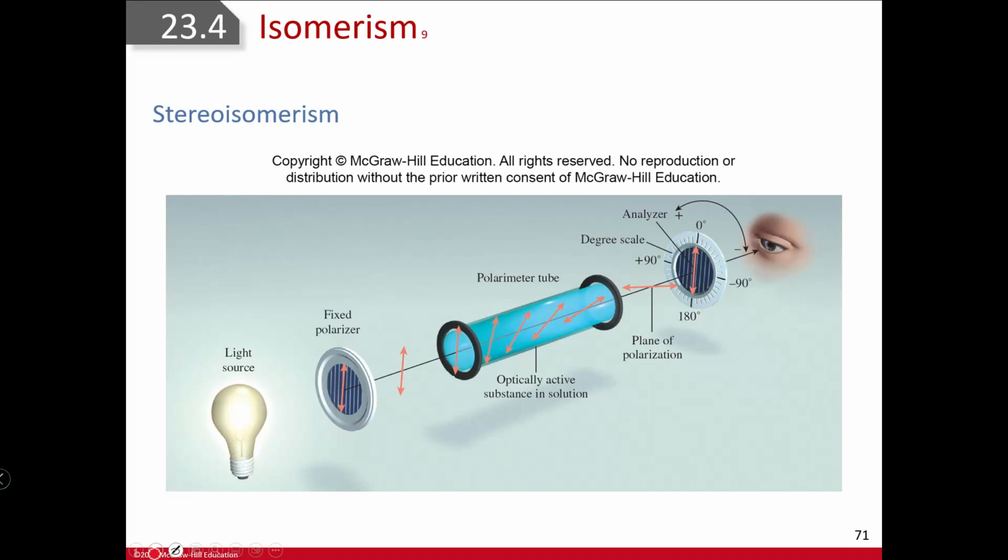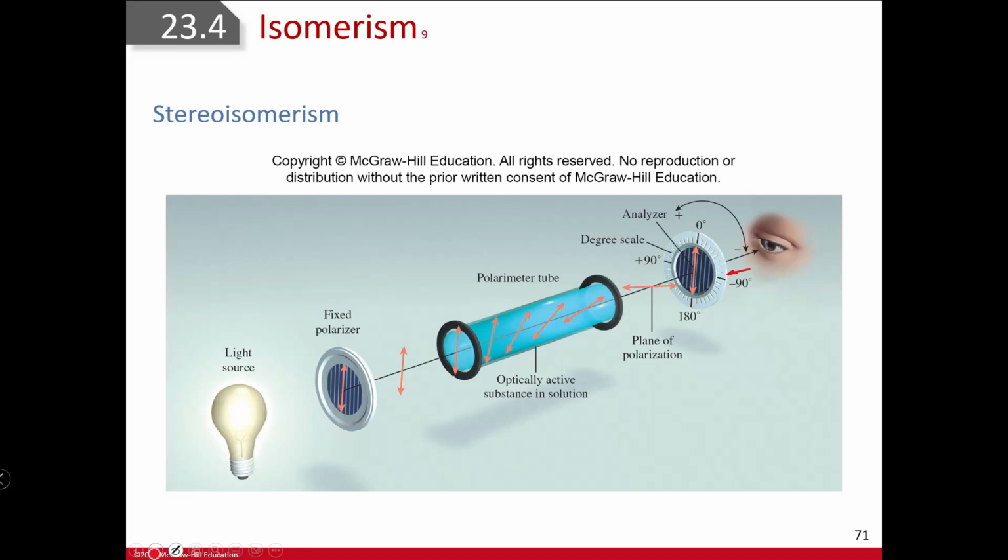We pass it through a container of the particular enantiomers, and if we look back on this other side, we can adjust this filter here till we see the light, and that way we can figure out what degree rotation it is. So what would happen here is this light would be pretty much knocked out, right? Because its plane has changed. And so you wouldn't see anything.